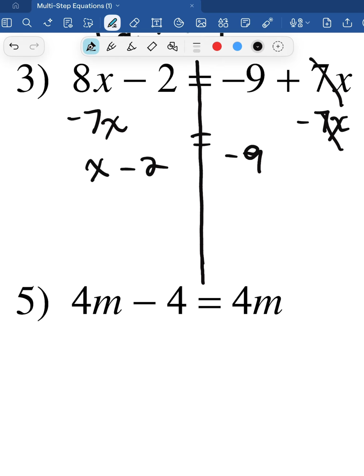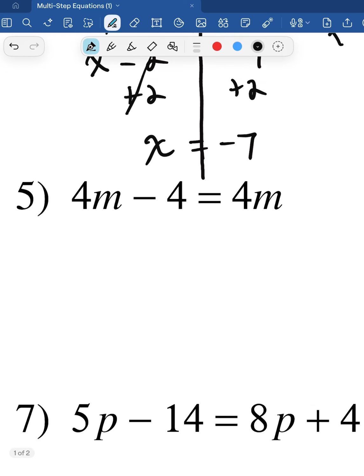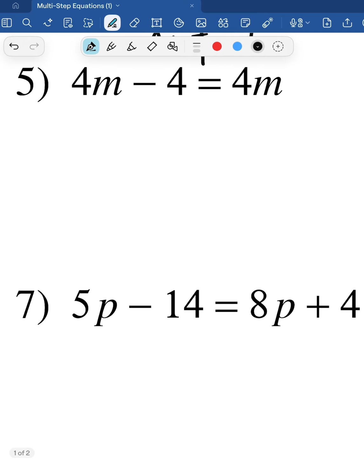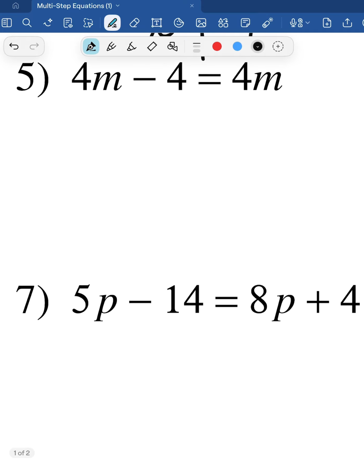So now we just have a variable on one side. So this becomes a lot simpler to process. We can simply add 2 to both sides and get x equals negative 7. If you're having a difficult time adding and subtracting positive and negative numbers, you can see my video on adding and subtracting positive and negative numbers.